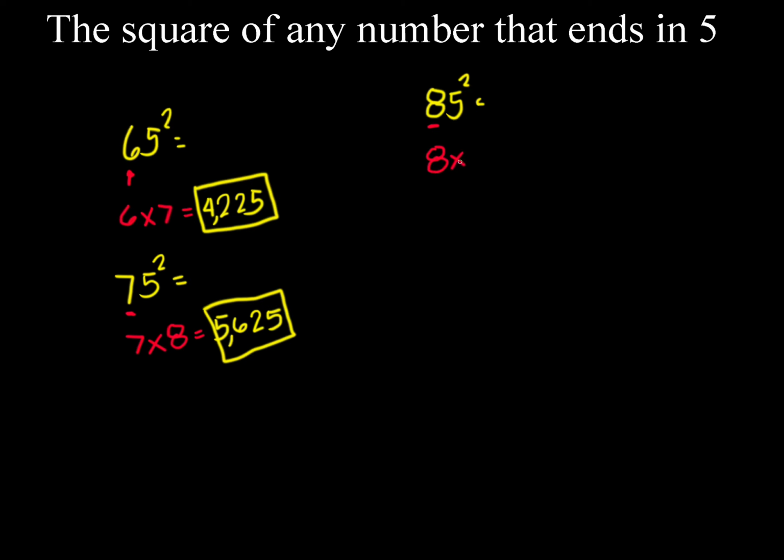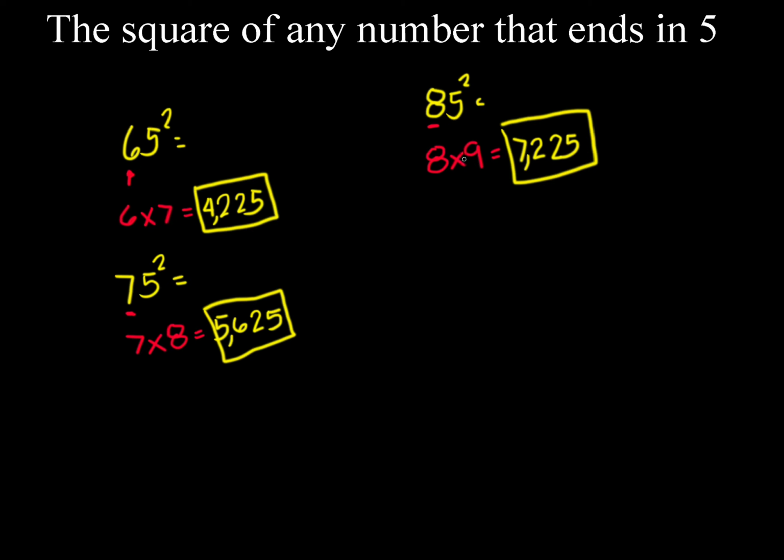We multiply it with the number that we get when we add 1 to 8, and that will just give us 9. So we now have 8 times 9. That will just give us an answer of 72. And then we just have to place 25 after your 72. So we now have an answer of 7,225.